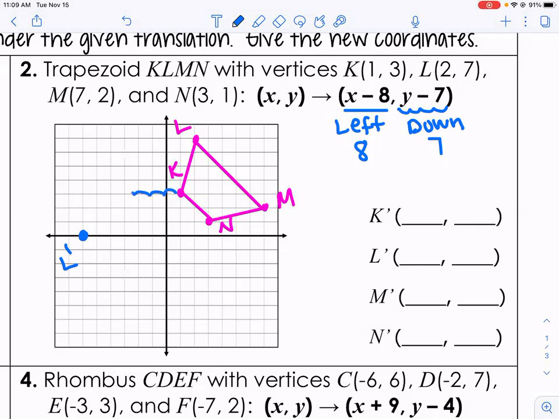And 1, 2, 3, 4, 5, 6, 7, 8, then 1, 2, 3, 4, 5, 6, 7. There's K prime. Wait, what? Do you disagree? Okay, within 1, 2, 3, 4, 5, 6, 7, 8, 1, 2, 3, 4, 5, 6, 7.